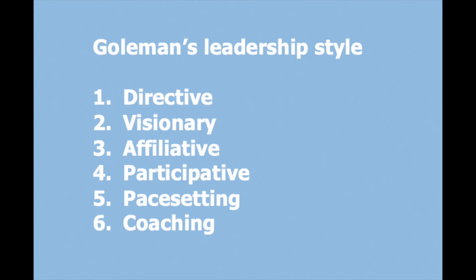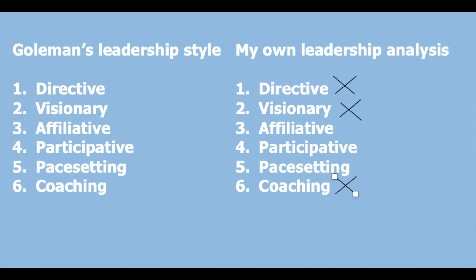Actually, great teamwork can't leave out the leadership of each group member. To be honest, I didn't show good leadership through the group videos, but I could be a qualified teammate. Goldman proposed five leadership styles, which are directive, visionary, affiliative, participative, pacesetting, and coaching.